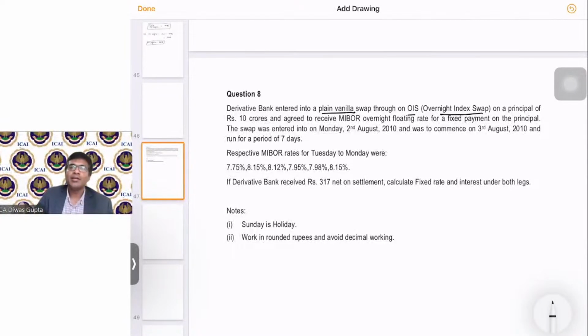An overnight index rate swapped with a fixed rate is what is called an overnight index swap, on a principal of rupees 100 crores, and the bank agreed to receive the MIBOR overnight floating rate for a fixed payment.